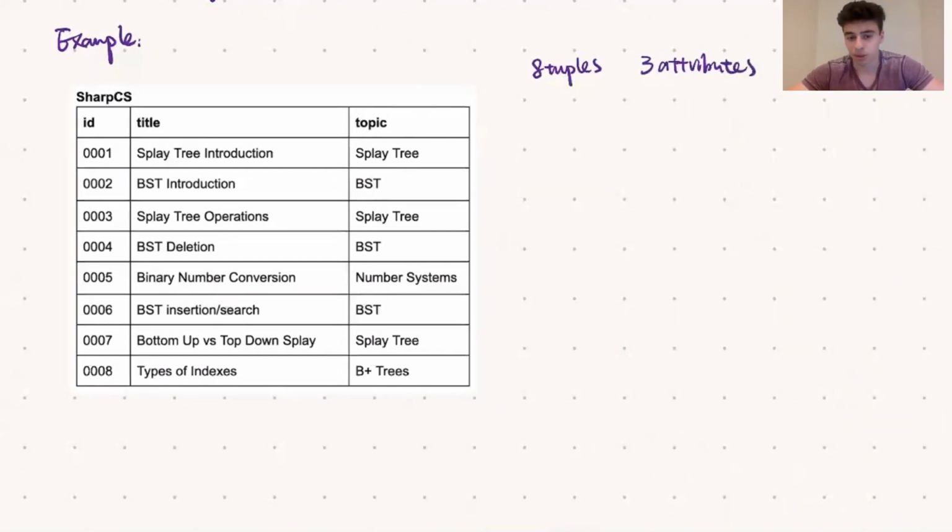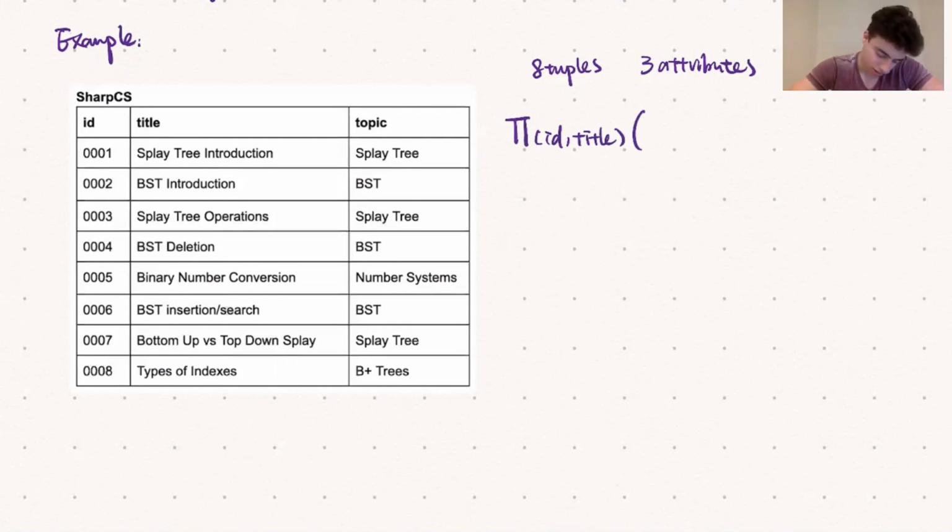Now, the query we're going to want to run right here is going to be a project on just the ID and title columns. So our set that we pass into this project operator is going to be the tuple ID, title, those two attributes.